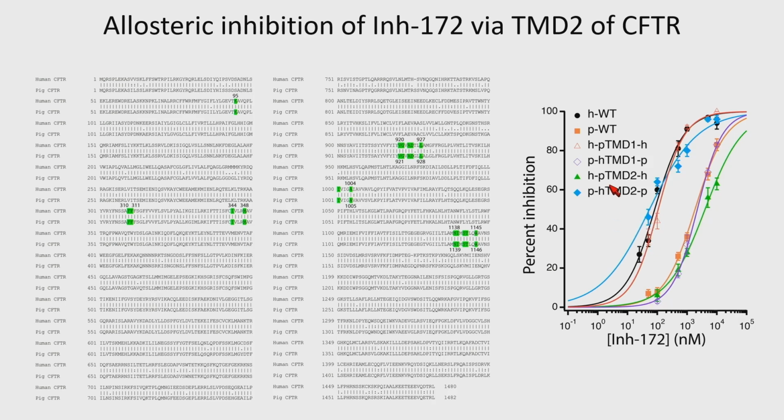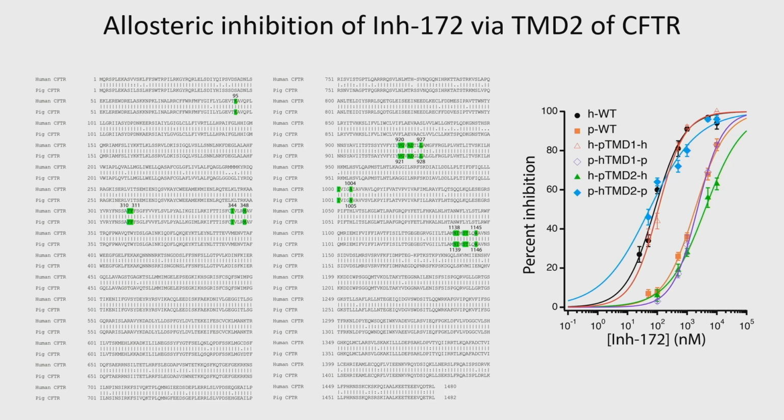On the other hand, if we put the pig CFTR TMD2 into human CFTR, the sensitivity of the chimera channel then becomes very similar to the pig CFTR. It's the green curve here versus the orange curve. And we didn't see much change if we swap TMD1 between these two orthologs.